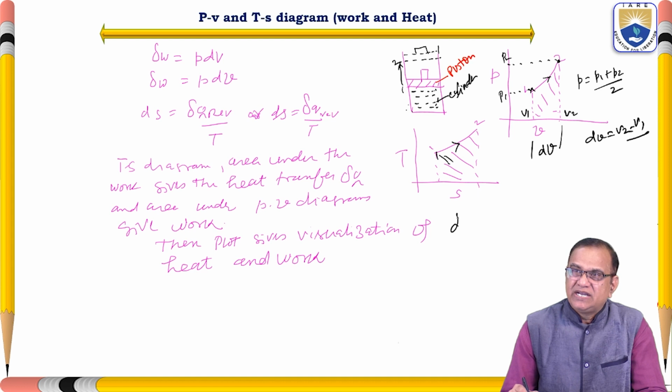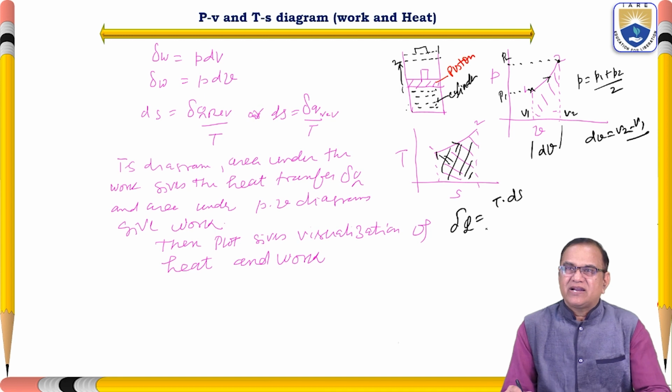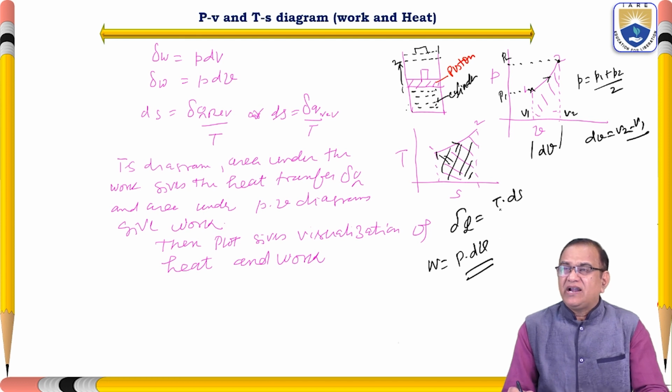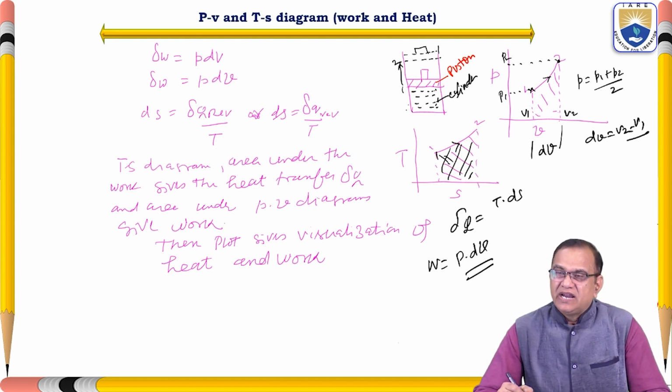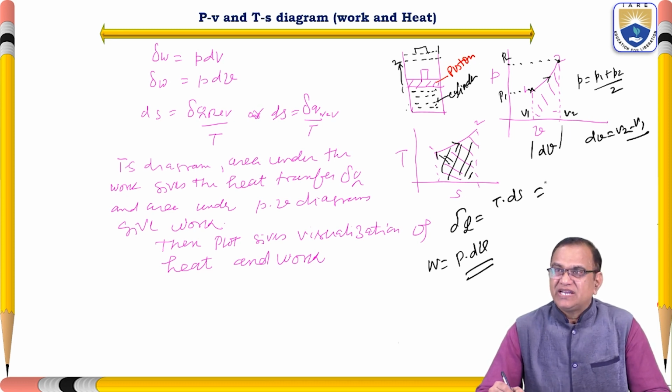So del Q is equal to T into ds. This is the area under this curve, which will give this del Q, and the area under the PV diagram is the work, P into dV. So the area under the PV diagram will give the work, and the area under the TS diagram will give the heat. This is called heat transfer.